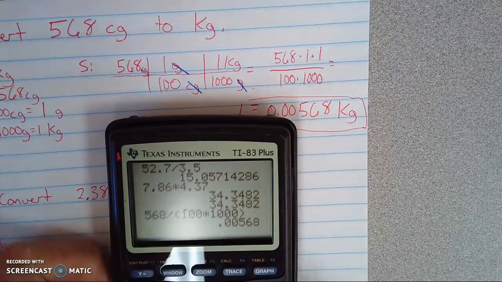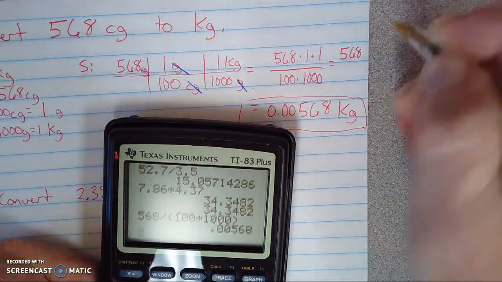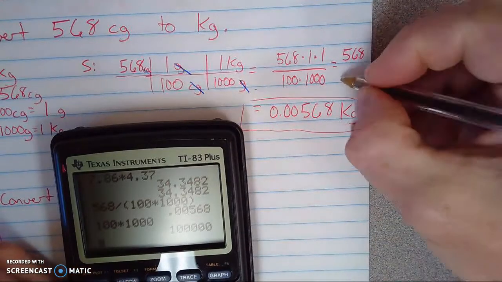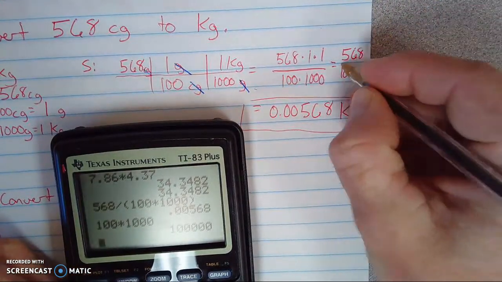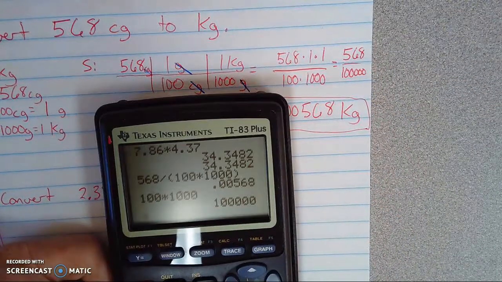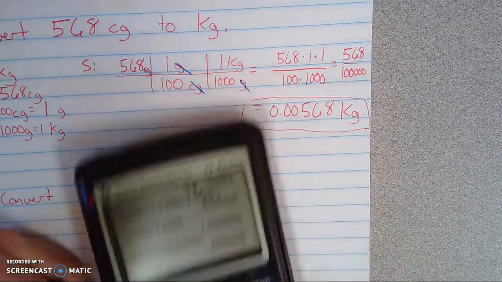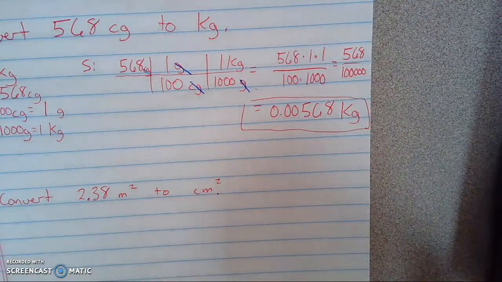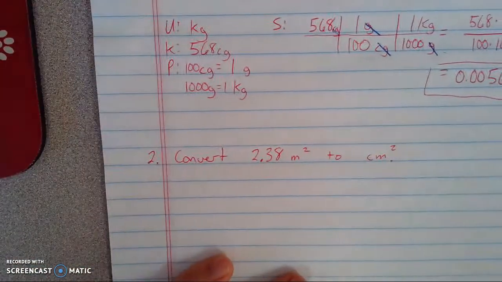You could do 568 times 1 is 568, and on the bottom, 100 times 1,000 is 100,000, not surprisingly. Then type in 568 divided by 100,000, and that'll give you the same answer. That's how I'd recommend you do it if you're working on a phone calculator or something while doing these problems. Now, that's great.